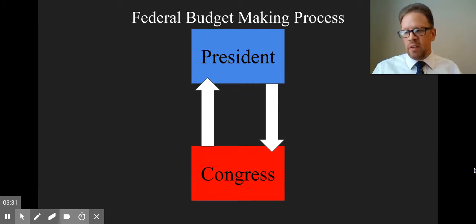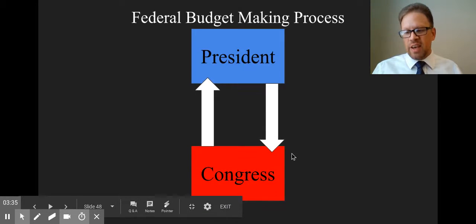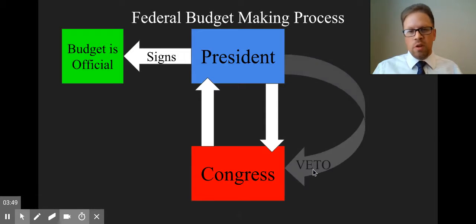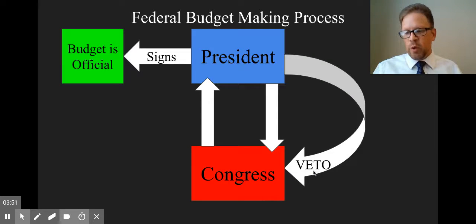Now, I should point out, the budget that's actually approved by Congress will oftentimes have many changes from the budget that was originally submitted by the President. If the changes are acceptable, the President may sign it, and therefore it makes it official. If the changes are unacceptable, the President may actually veto the budget, which then sends it back to Congress.